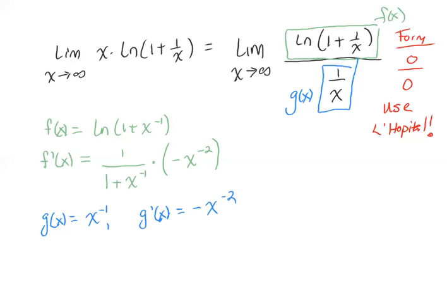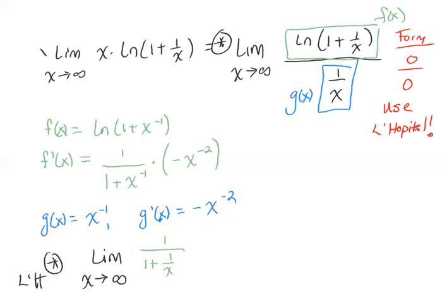So I have f prime and g prime, which tells me that this limit is the same by L'Hopital's rule as the limit as x approaches infinity of the derivative at the top, f prime, which we've said is 1 over 1 plus x to the negative 1. I'm going to rewrite as 1 over 1 plus 1 over x times negative x to the negative 2 power.